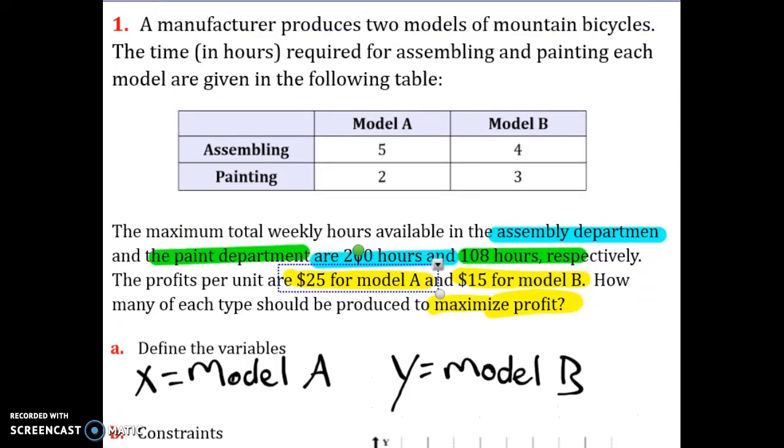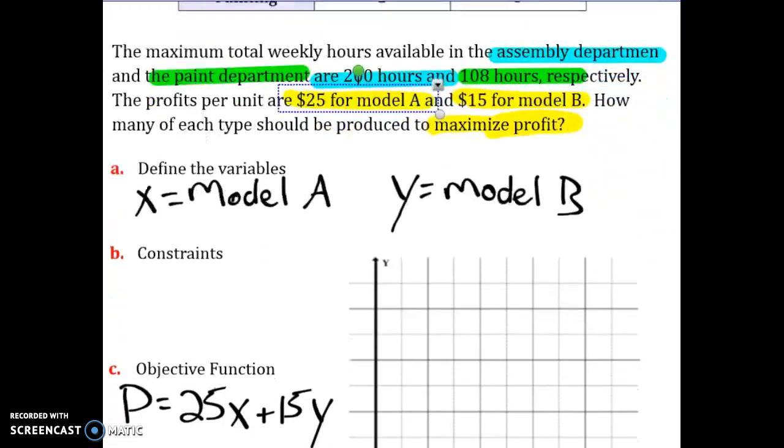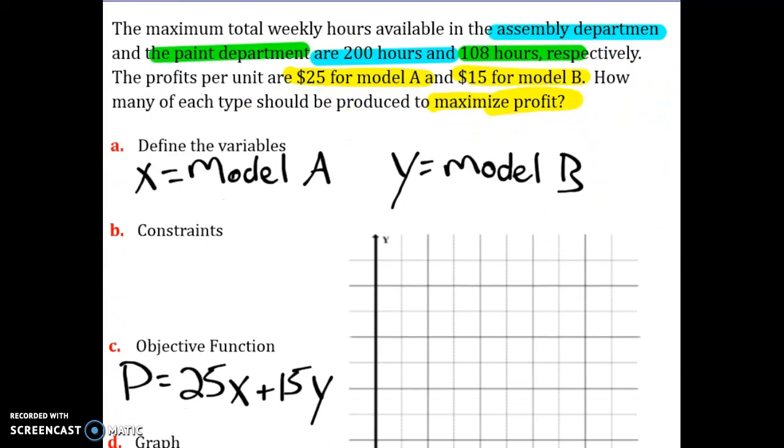One equation is going to deal with assembling. Model A spends 5 hours being assembled, model B spends 4 hours being assembled, and I know all total I only have 200 hours to spend on that, so I can set a constraint equation. The parameters I have to stay within are 5x plus 4y is less than or equal to 200.